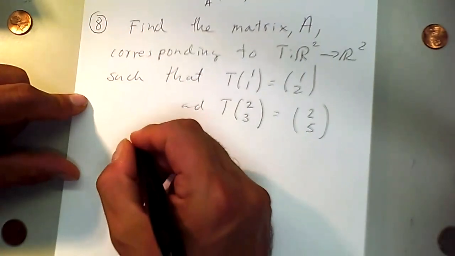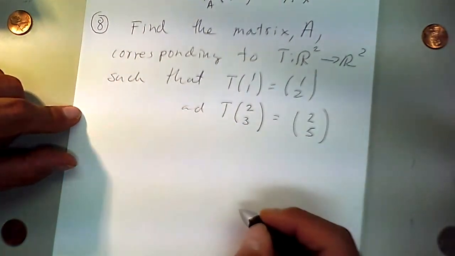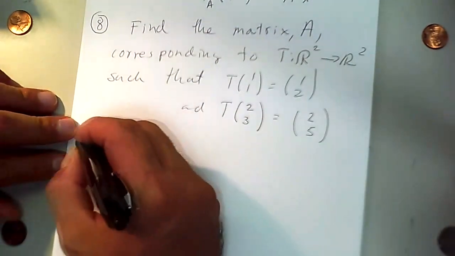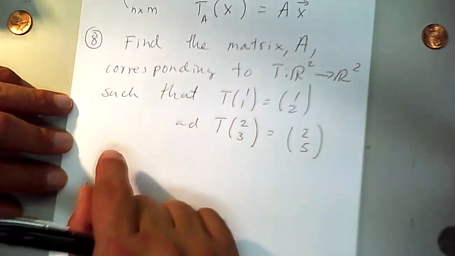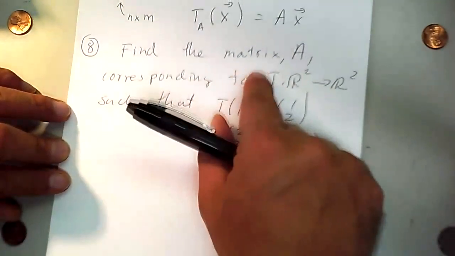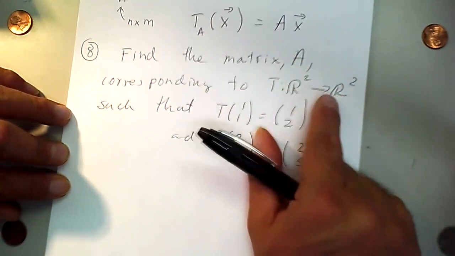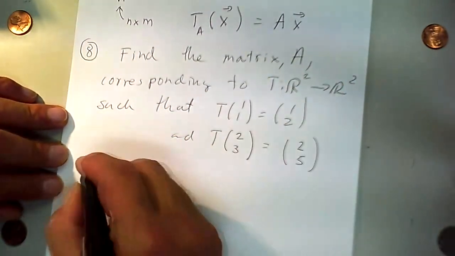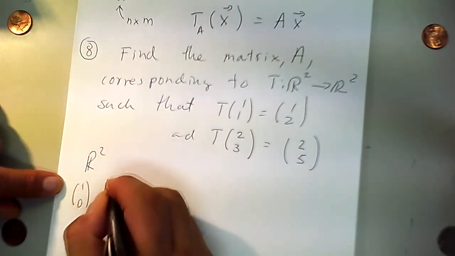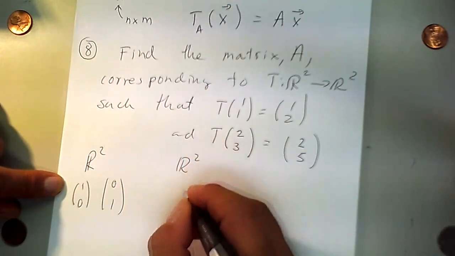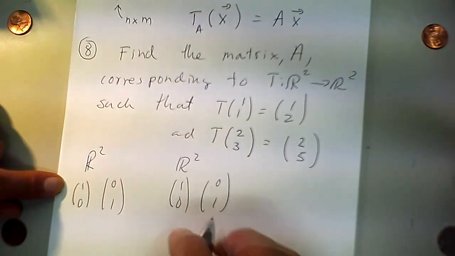I'm trying to think how I'm going to explain this. So this is the way we usually go about it. To find a matrix A in general, find a basis of the source vector space and the target vector space. So, R squared has bases (1, 0) and (0, 1). And so does R squared, (1, 0) and (0, 1).